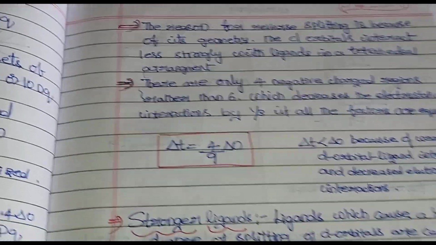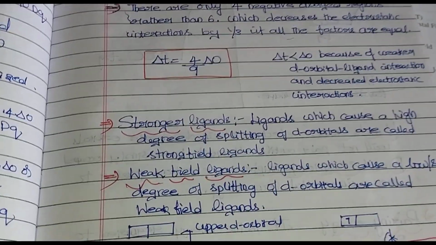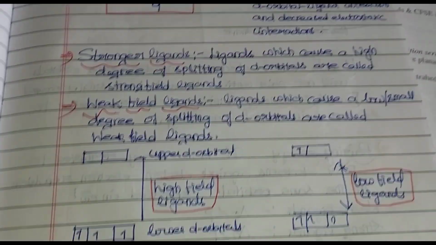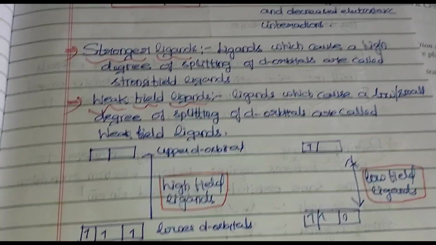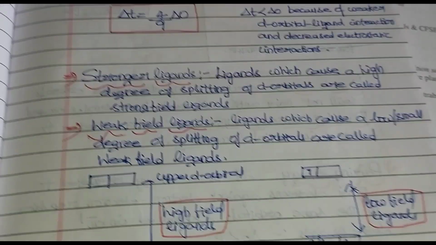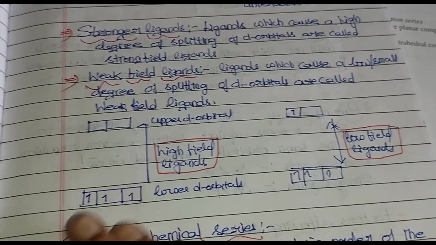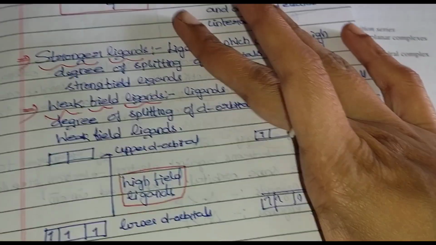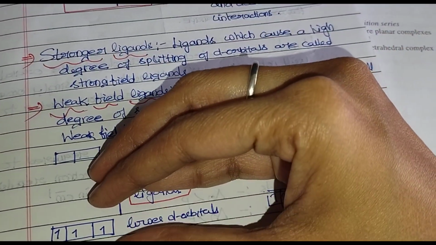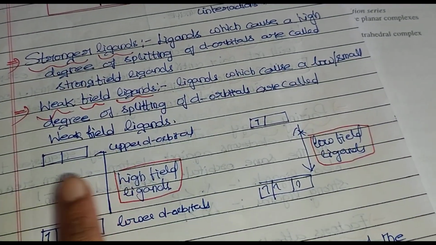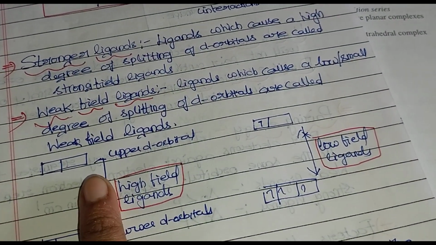Then the next question is, what are stronger field ligands and weaker field ligands? The ligands which cause a high degree of splitting of d orbitals are called higher field ligands or stronger field ligands.